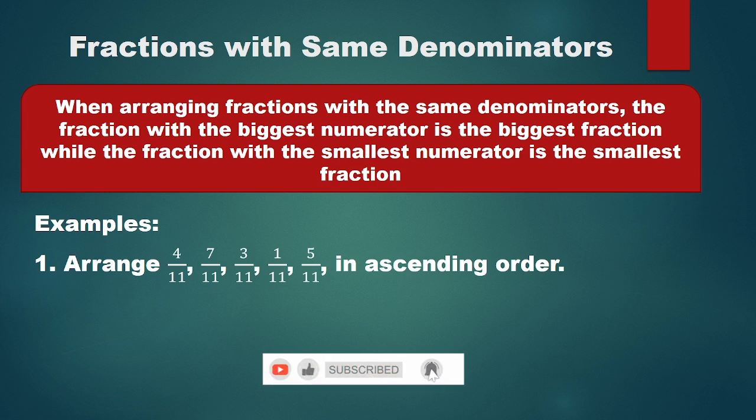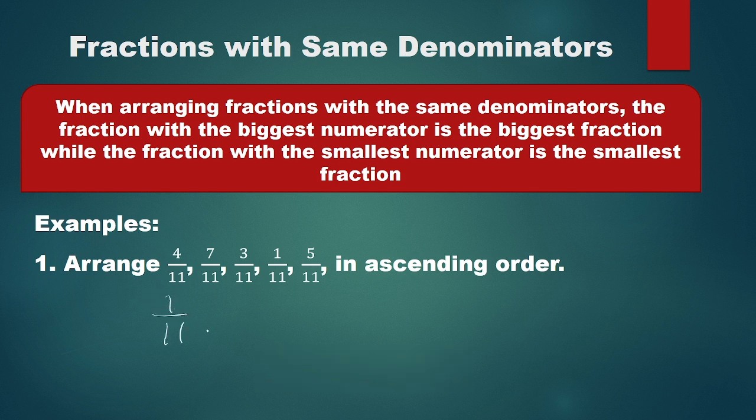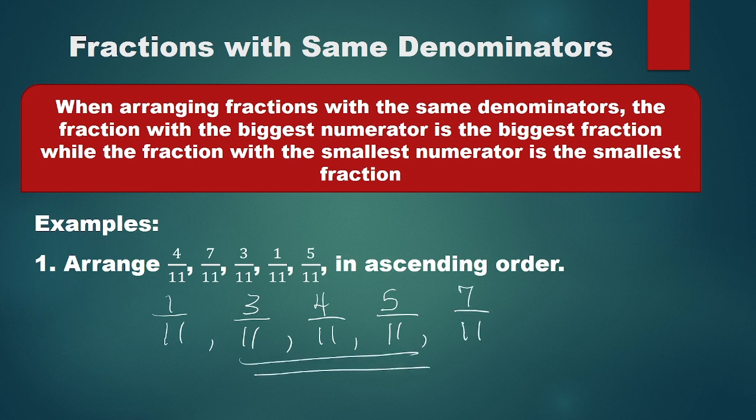So in that case, the smallest fraction here is just 1 over 11, followed by 3 over 11, followed by 4 over 11, then 5 over 11, and lastly, we have 7 over 11 as the biggest fraction. So I have arranged these fractions in ascending order.